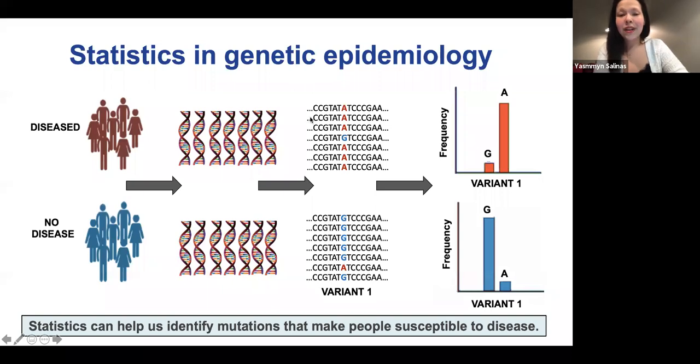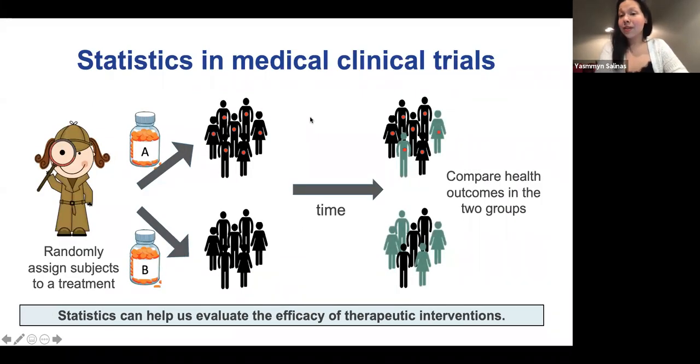Awesome. So then, statistics is also used in clinical trials. The people that run clinical trials could be epidemiologists, medical doctors, and statisticians. They use statistics to help evaluate efficacy, how well a therapeutic intervention actually works.